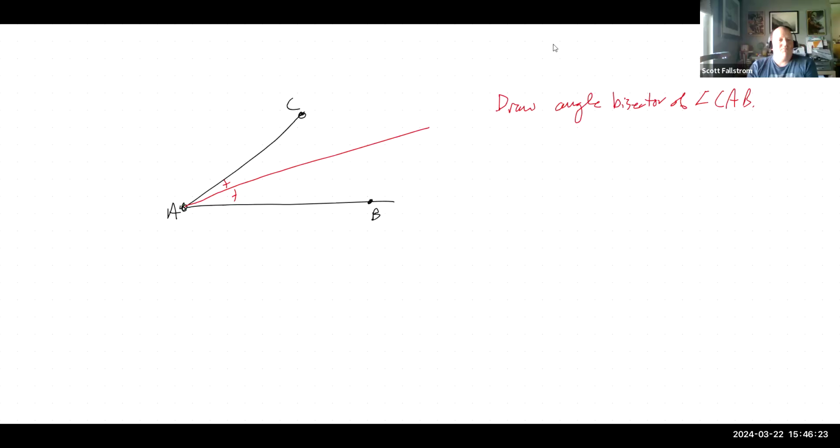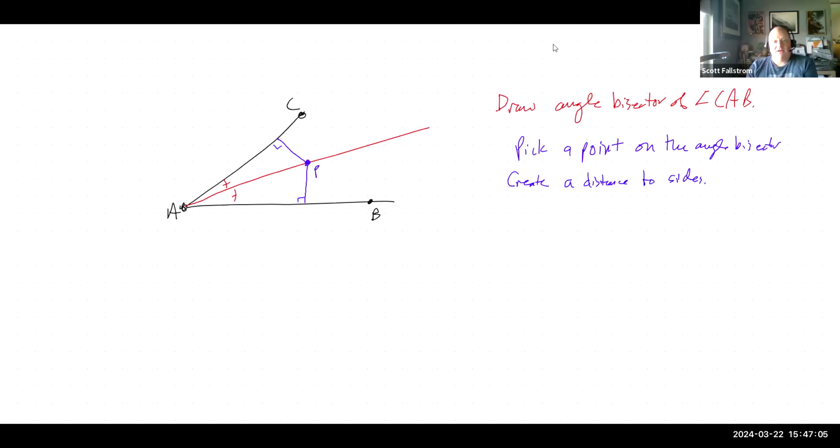Now, pick any point on the angle bisector. Okay, we'll call that point P. And create the distances to the sides. Okay, so create that distance to the sides.